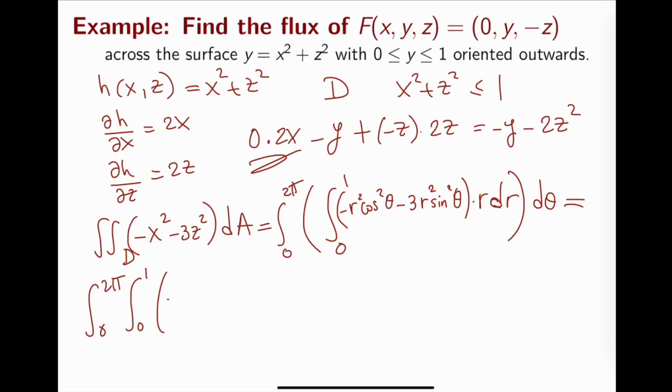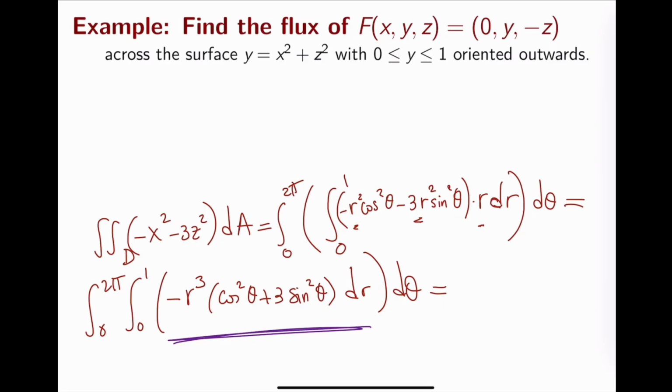So this will be minus r cubed. Taking the minus r squared in here and multiplying by this r, we get a minus r cubed that is common. And then multiplied by cosine squared plus 3 sine squared. And so this is dr, and so this dtheta.